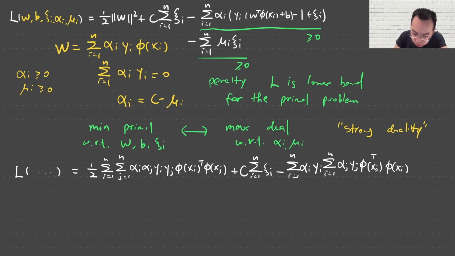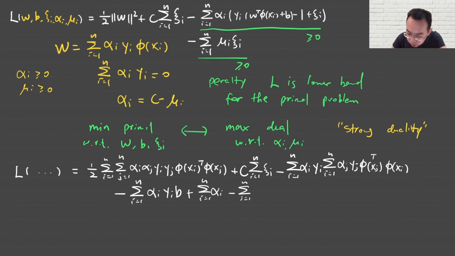It's going to be minus alpha I, y i, B, plus summation of alpha I, minus alpha I chi I, minus mu I chi I, right?